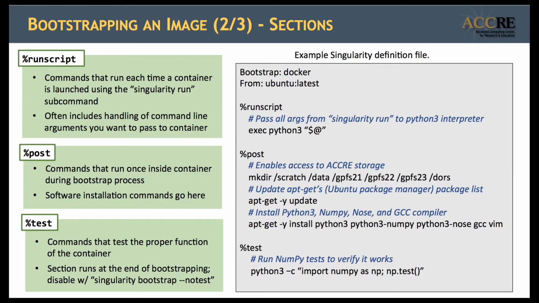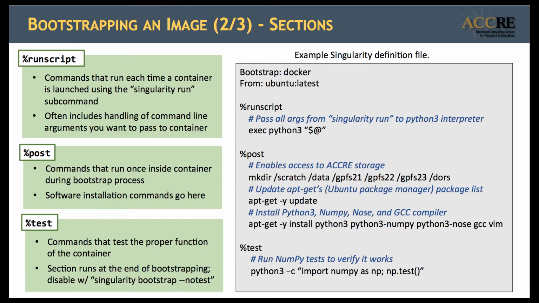And the final section is a test section to verify that everything within your container is working as expected. So in this case, I'm going to run the NumPy unit tests. So I'm doing an import numpy as np, np.test. And so that's again using nose to run through a series of NumPy tests, just to verify that NumPy is actually functioning correctly.